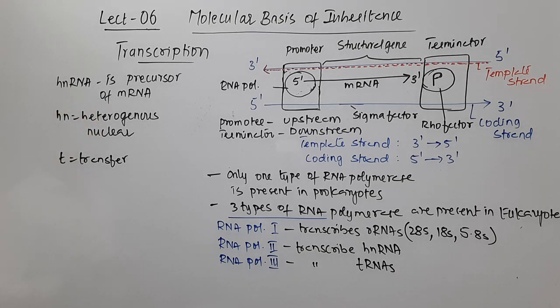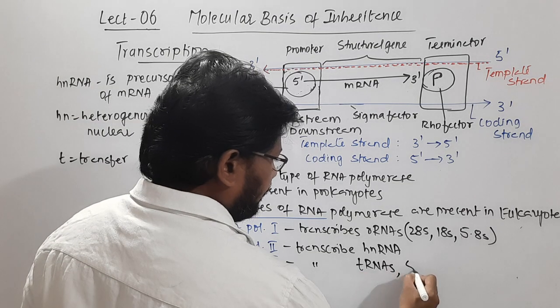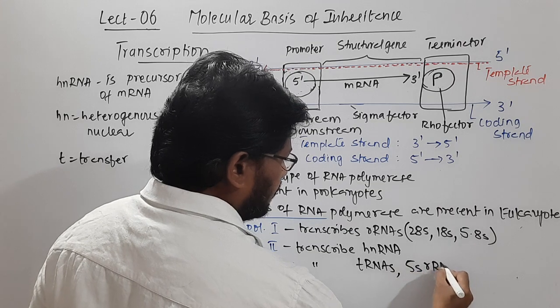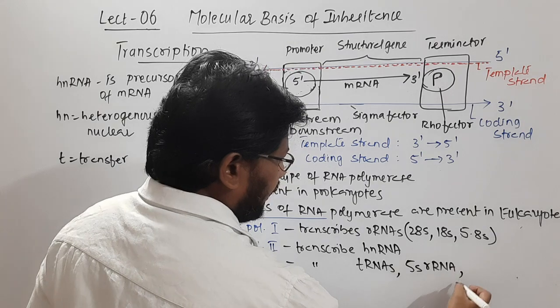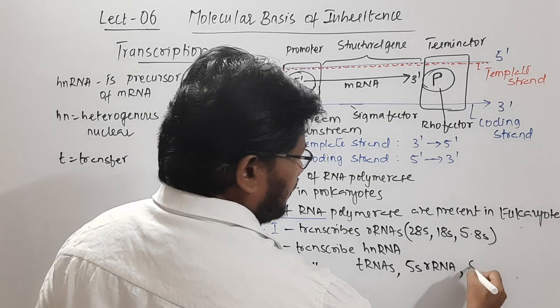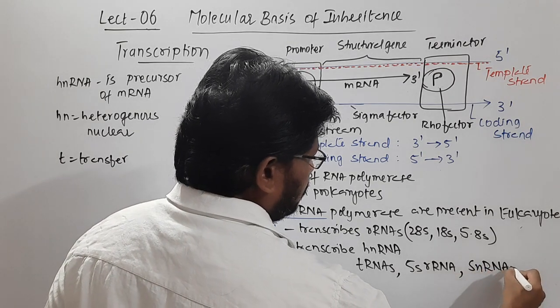So RNA polymerase 3 transcribes tRNA, 5S rRNAs also, and SN RNAs also.